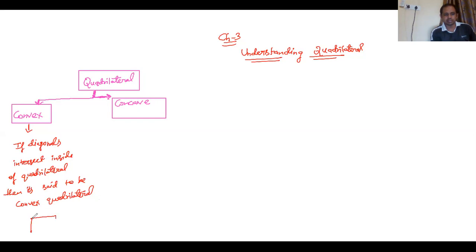See the figure. In this figure ABCD, where will the diagonals intersect? If you join A and C, and if you join B and D, they intersect here. That is the inside part of the quadrilateral. It is a convex quadrilateral.